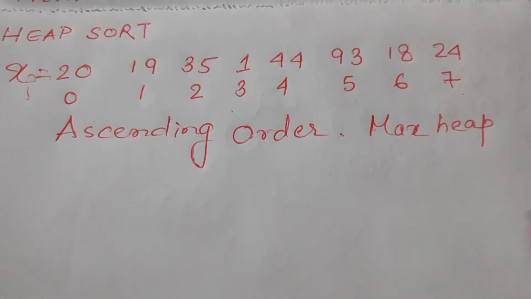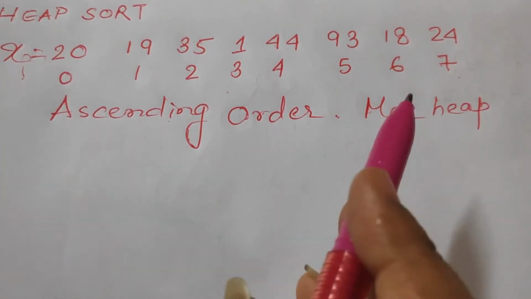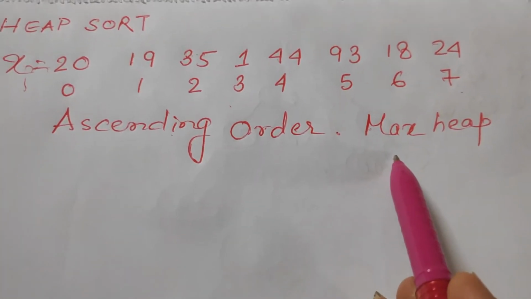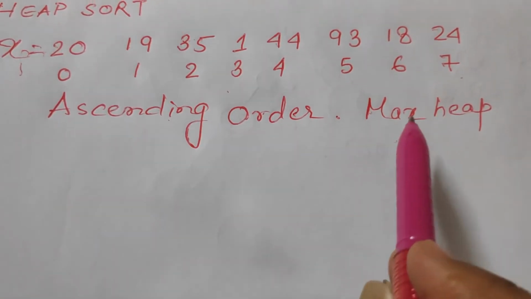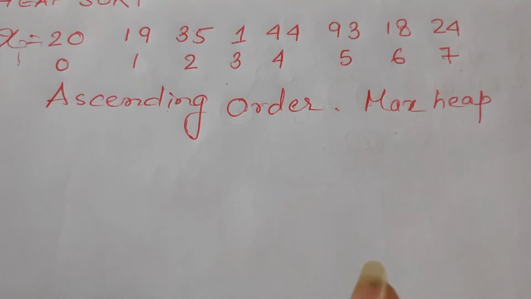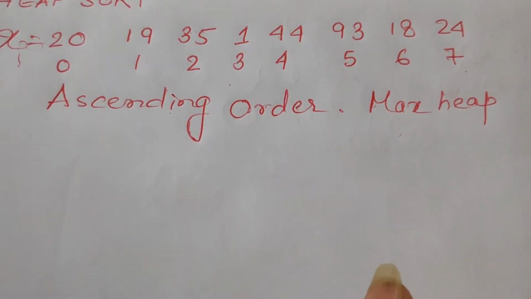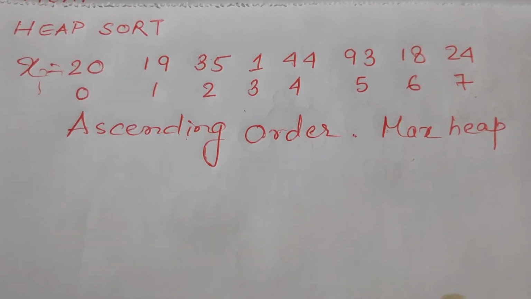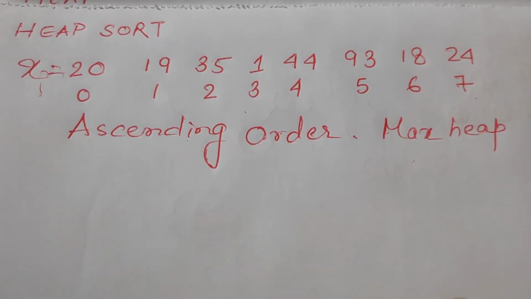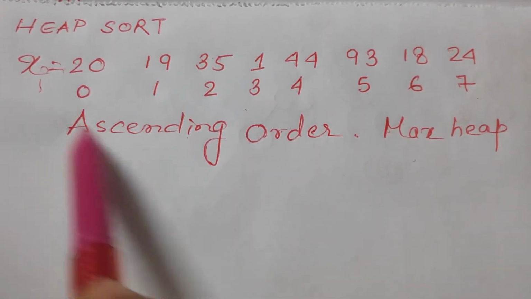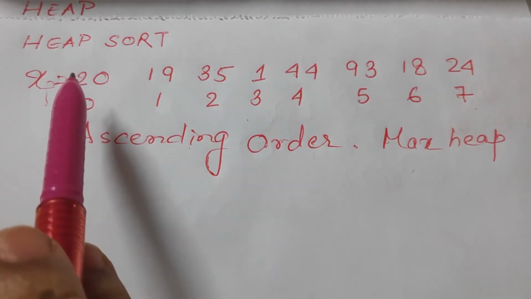Correct? Now I have already told you how a heap is created. What is a max heap? We know a max heap is a heap where the parent node is always greater than the child nodes, right? And how a heap is created has already been discussed. Now, the first step is to create a heap out of this array.